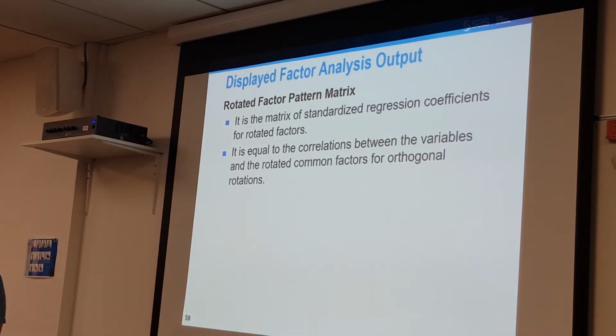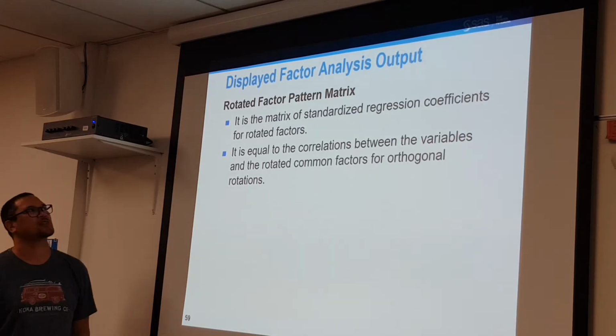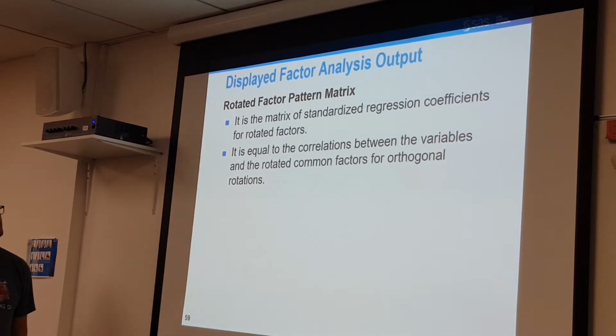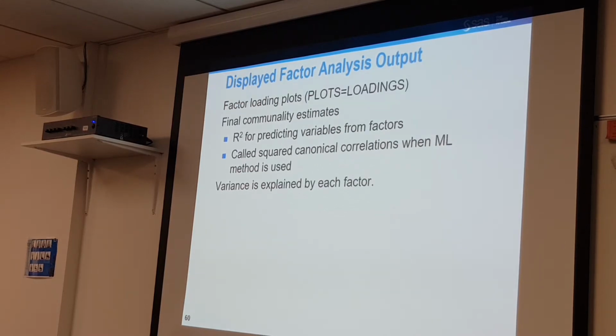So we end up with a rotated factor pattern matrix. It's the matrix of standardized regression coefficients for the rotated factors. It's equal to the correlations between the variables and the rotated factors, if you've got orthogonal rotations. Right? So most of this then is about SAS. Now I think that at the end, the displayed factor analysis, your factor loading plots, this is mainly going to be done in the lab.